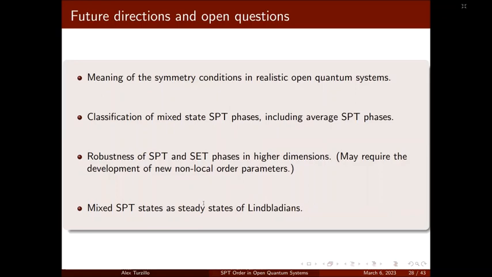Another direction is what happens in higher dimensions. At least if you want to take the approach that I took in this talk, where you're looking at order parameters and using them as a definition of what a phase is, you need some analog of a string operator in higher dimensions.